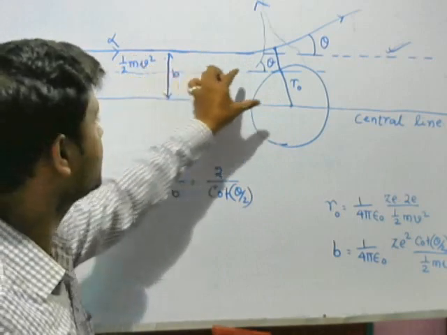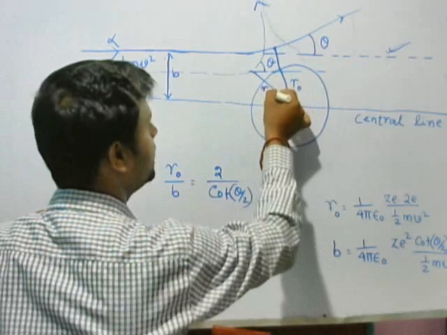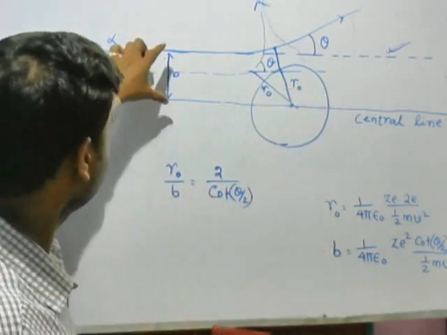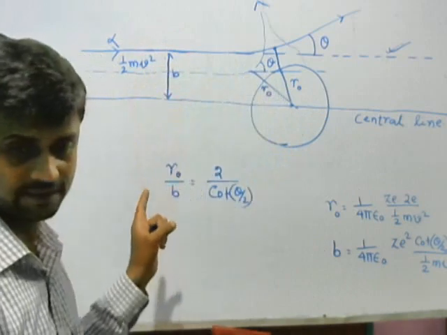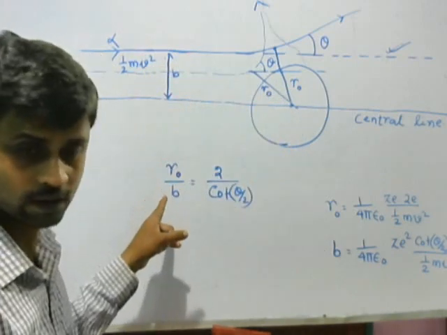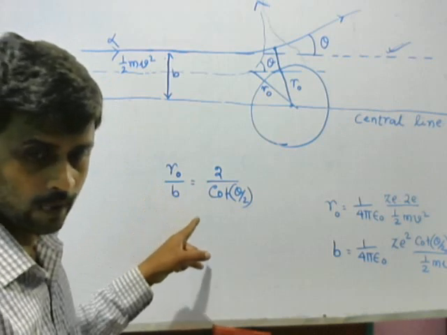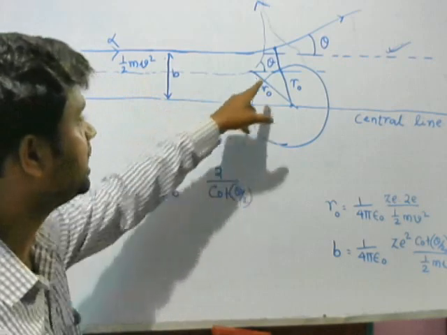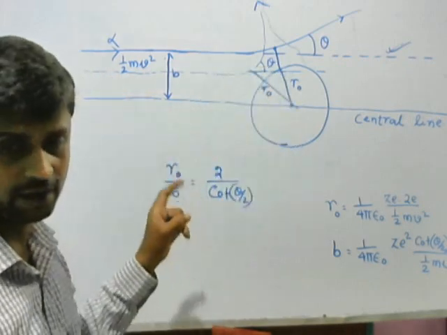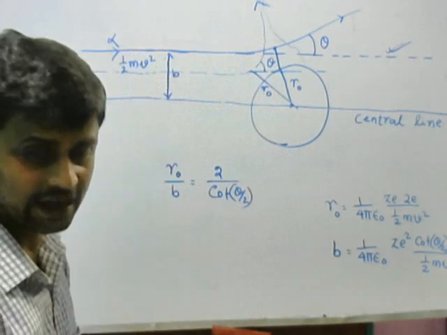Clear? And R0 also decreases. If b decreases, then R0 also decreases. Clear? b and R0 both decrease if theta increases.